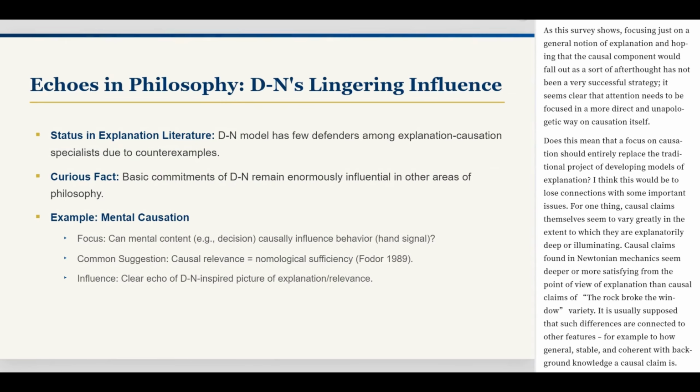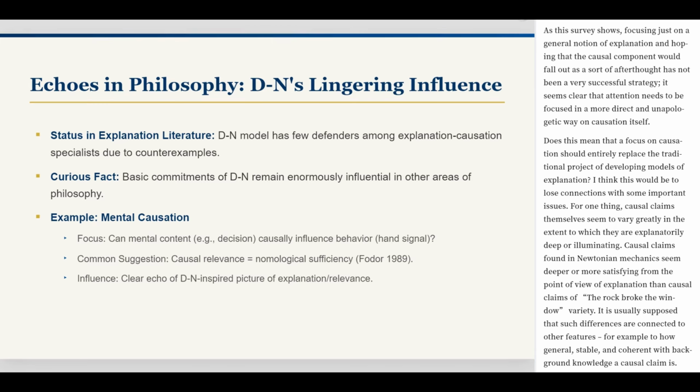Here's a fascinating twist. Despite the fact that the DN model, in its original form, has largely fallen out of favor among specialists studying explanation and causation due to those counterexamples we discussed, its core ideas, particularly the emphasis on nomological sufficiency, continue to exert a powerful influence elsewhere in philosophy. Take the ongoing debate about mental causation in the philosophy of mind.